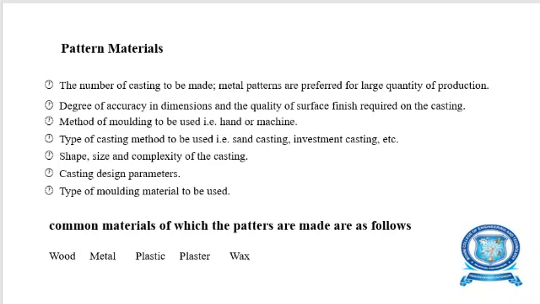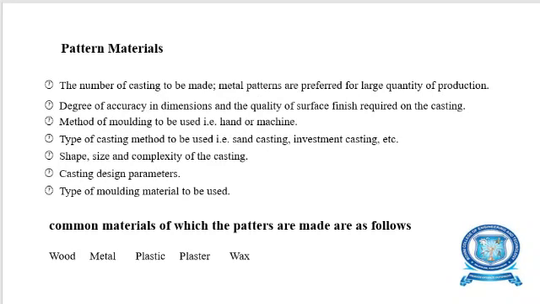Pattern material: the number of castings to be made. Metal patterns are preferred for a large quantity of castings. Degree of accuracy in dimensions and the quality of surface finish required on the casting. Method of molding to be used, that means hand or machine.